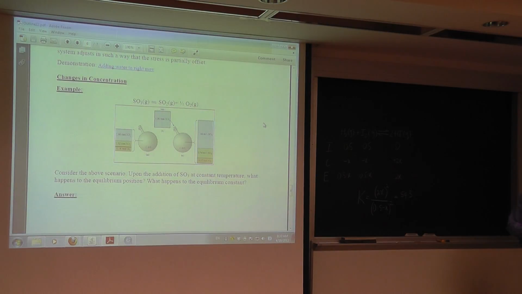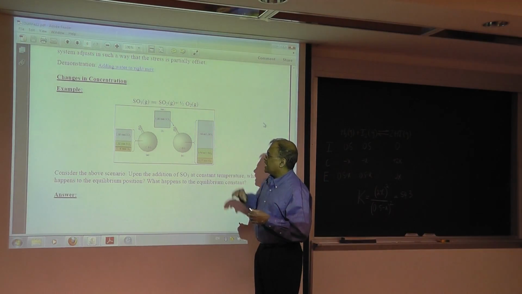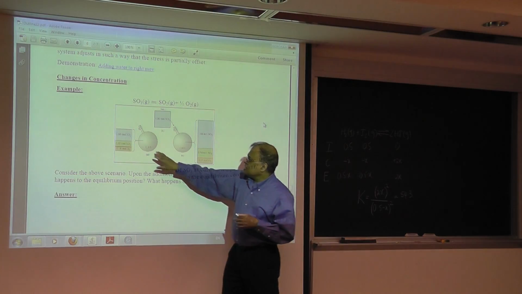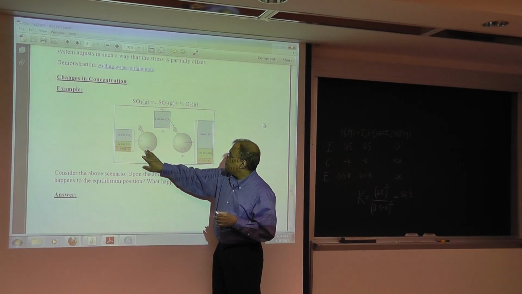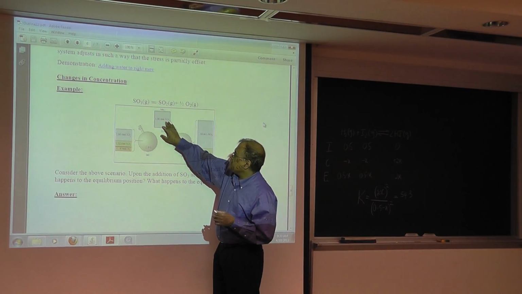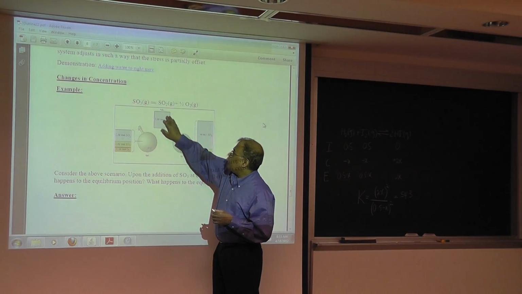Okay, so let's look at SO3 gas going to SO2 gas plus 1/2 O2 gas. We have a system at equilibrium. If you add 1 mole of SO3 gas to this system, what will happen?